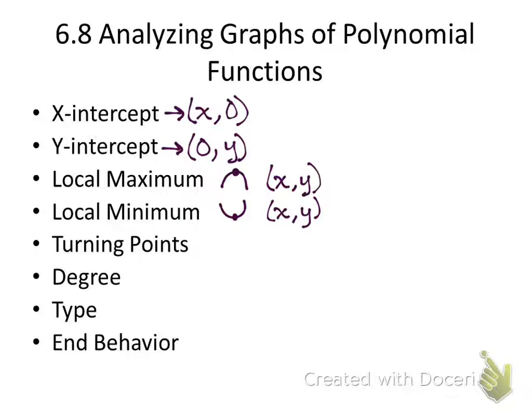Degree. So highest degree. This is a vocab word from last semester that you will again be tested on this semester for different reasons. Highest exponent. When we look at the graph, we're going to find the number of turning points, and the degree is going to be found as the number of turning points plus 1.